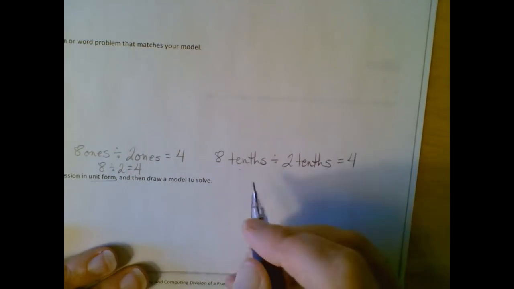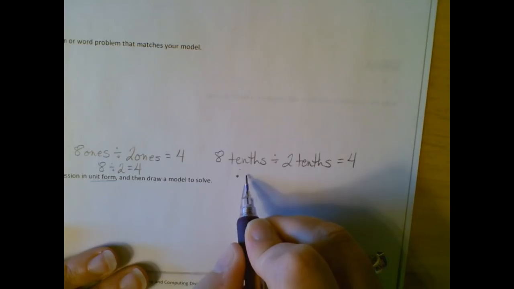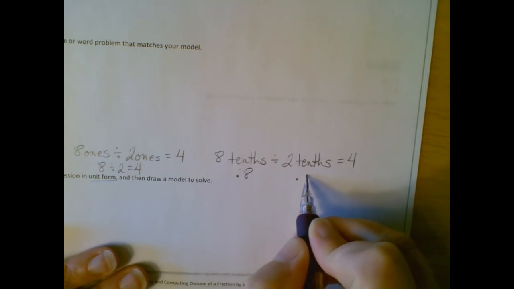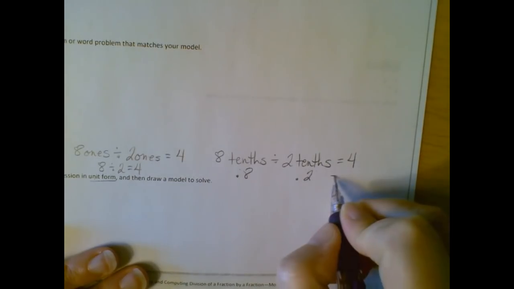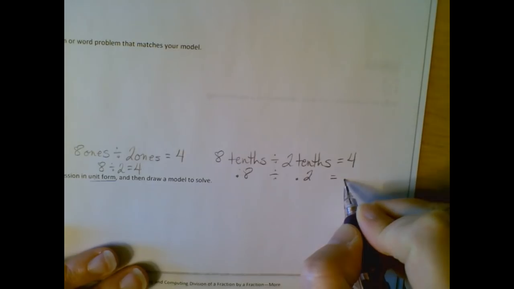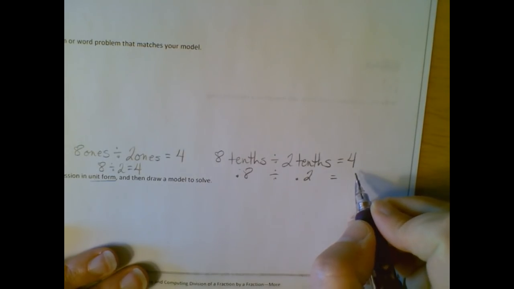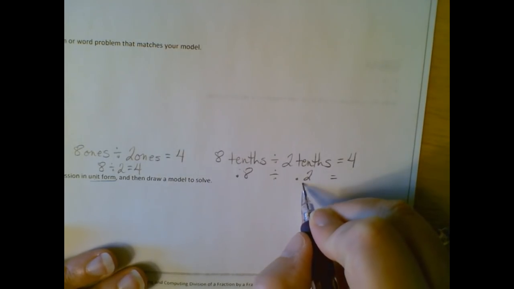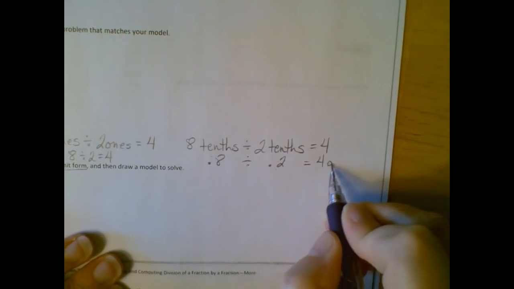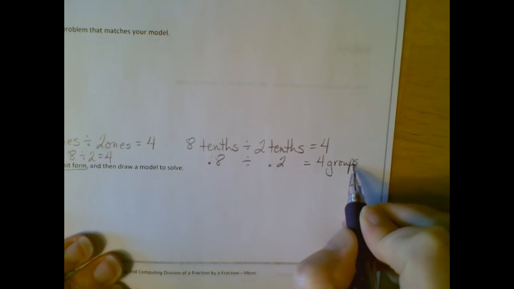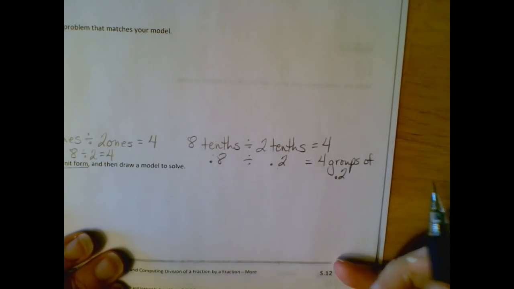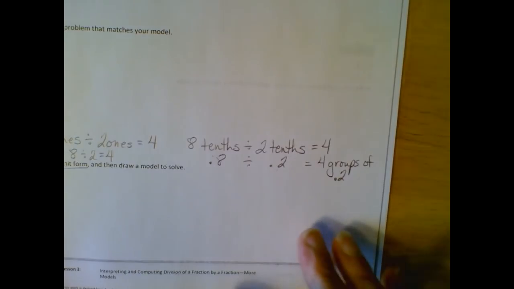So if I put it in the decimal form, 0.8 broken into groups of 0.2 equals 4 whole groups of the 2/10. So it's 4 groups of 2/10. Okay, so that's what they're looking at.